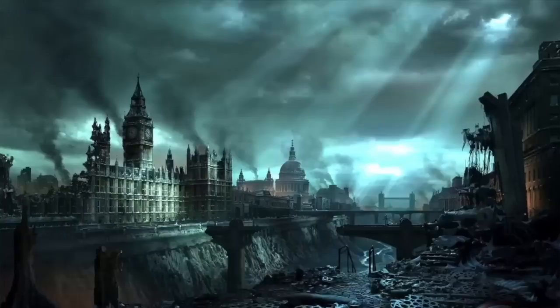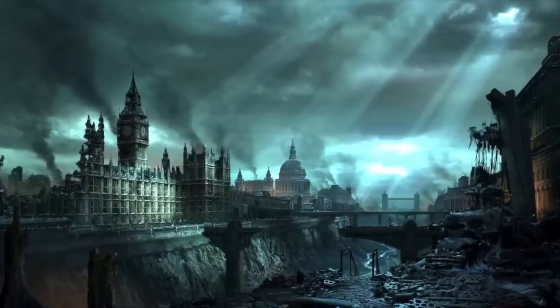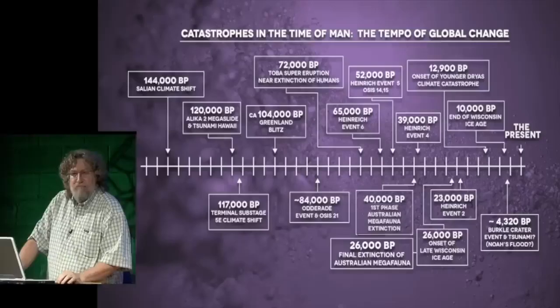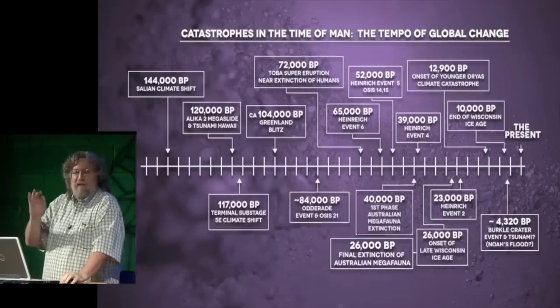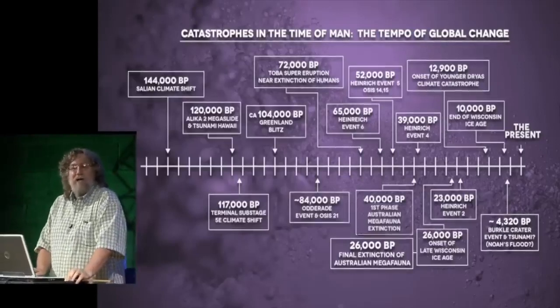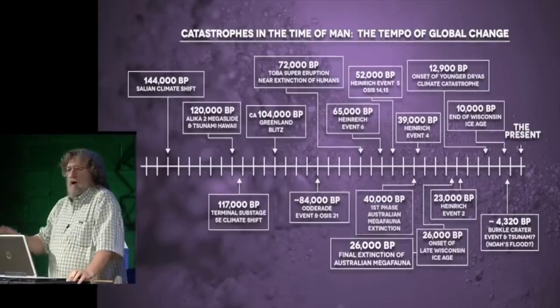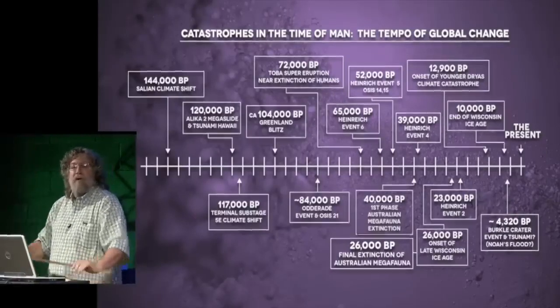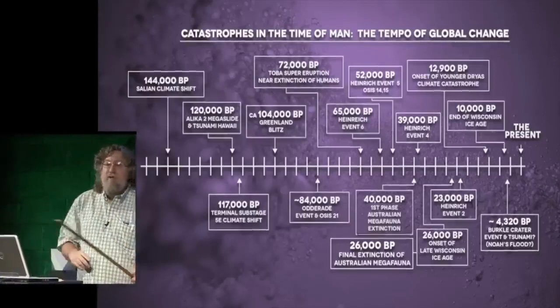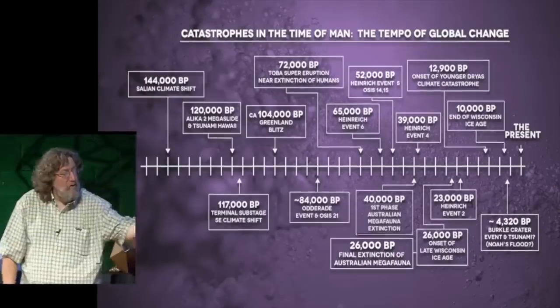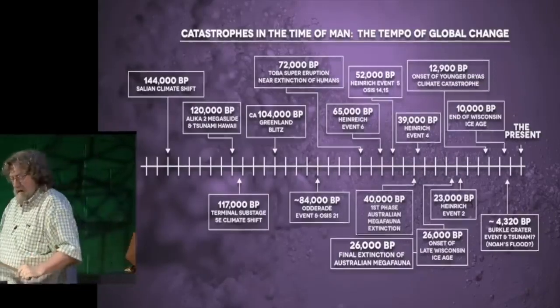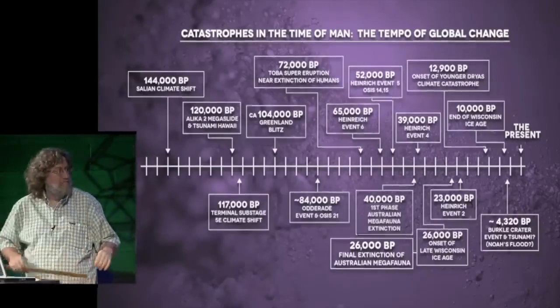What would be the magnitude of an event that it would take to terminate our modern industrial civilization? That's the criteria that I used. Then I began to search through the record of all of the events that would be of that magnitude or greater. And the events that I found so far have been entered onto this graph, and they're listed all here. You can see them. And how many do we have here?